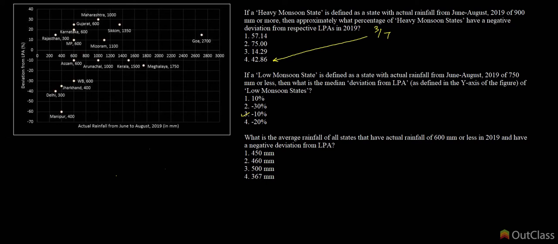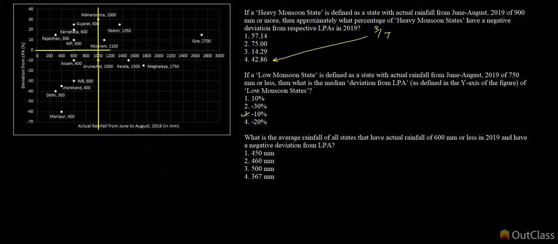Third question, what is the average rainfall of all states that have actual rainfall of 600 or less and have a negative deviation from LPA? 600 or less means it should be on or to the left of this line, and the negative deviation means it should be below this line.